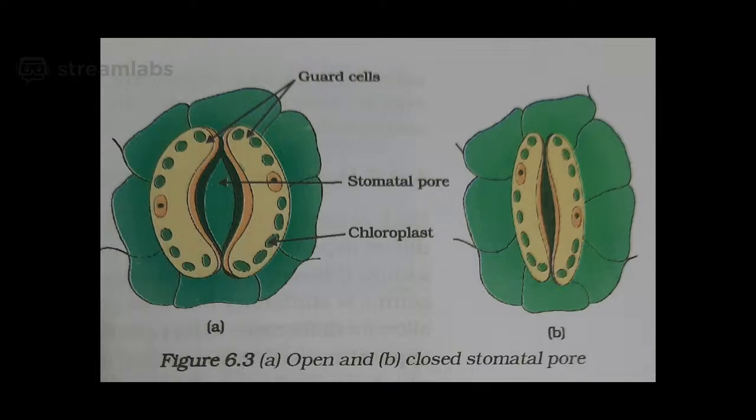After photosynthesis, oxygen is released out. One stomatal structure is open and the other one is closed. And how this phenomenon takes place is very important. It depends on the availability of water content. When the plant absorbs more water, the stomatal guard cells become turgid. That means they swell, and the pore gets opened.